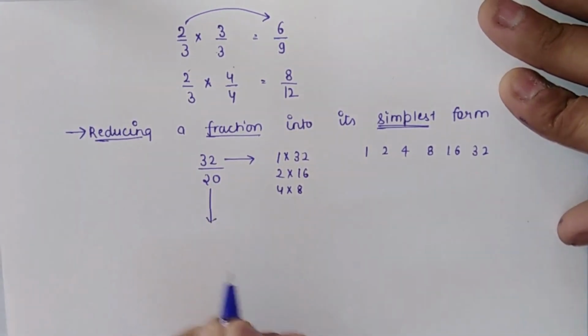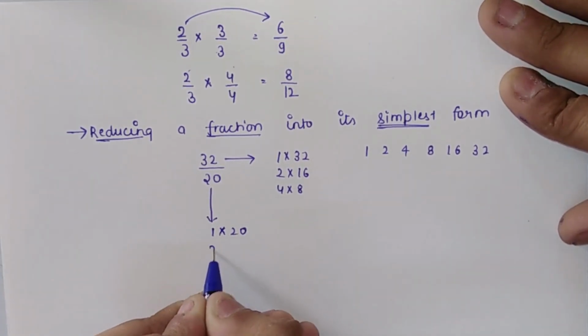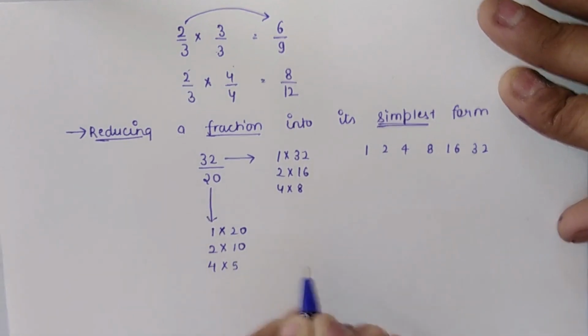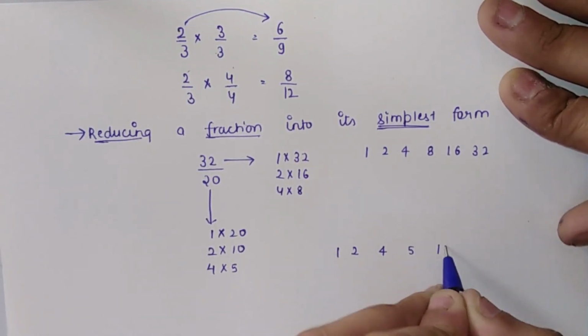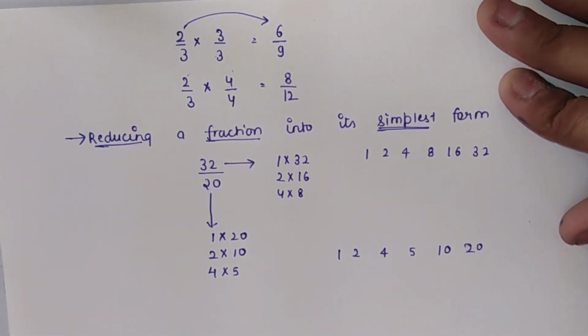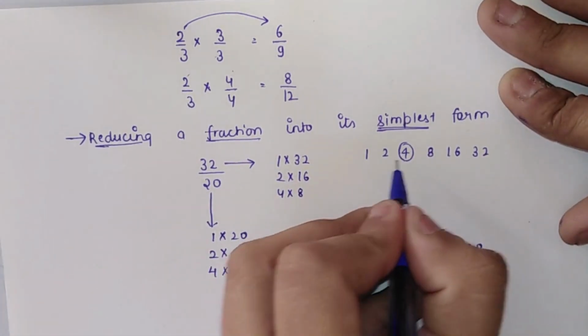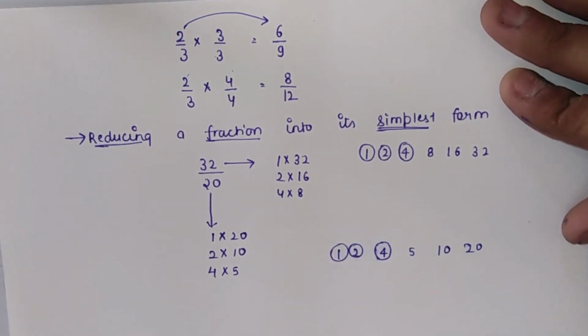For 20, I will write 1 times 20, 2 times 10, 4 times 5, so the factors are 1, 2, 4, 5, 10 and 20. Here we see that they have more than one common factor: 1, 2 and 4. These three are the common factors of the numerator and the denominator.